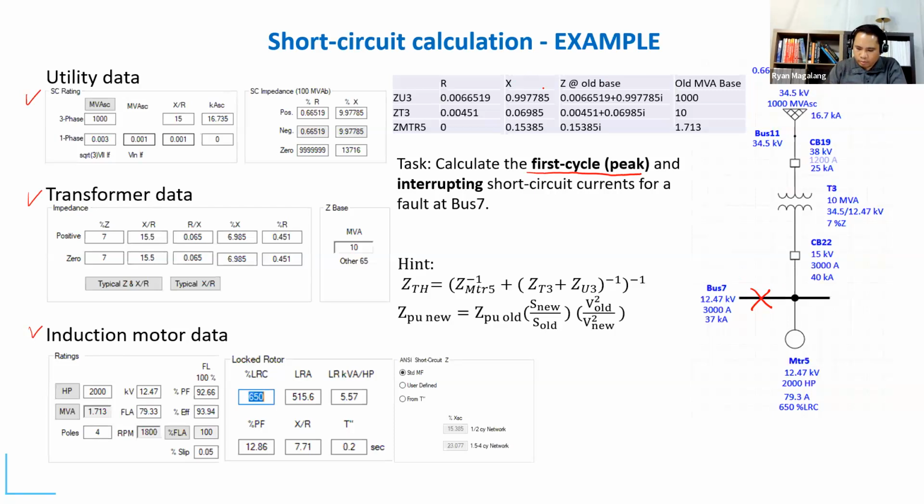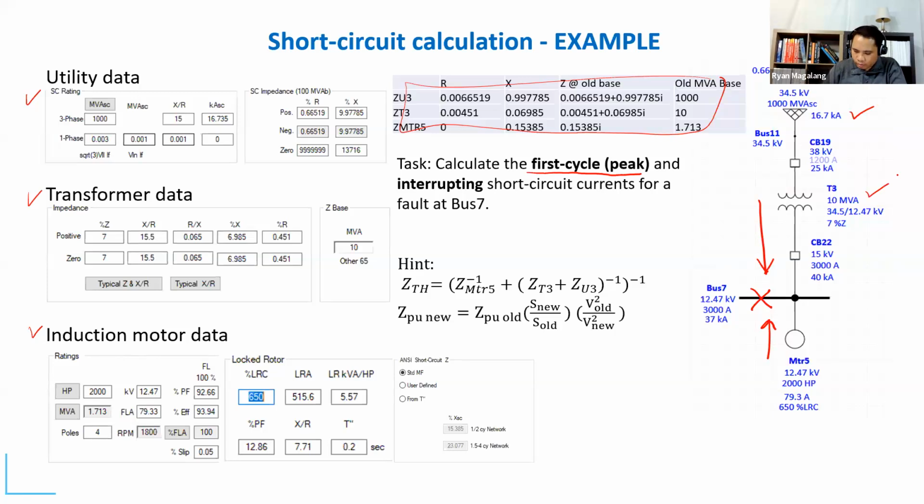Fault is here. And we have the data of your utility, transformer, and your induction motor. So don't worry about these numbers here. What we do during fault, you will have contribution from above and you have contribution from your motor, right? So that means you have to add up your utility impedance and your transformer impedance.